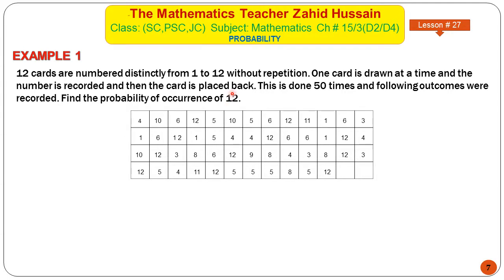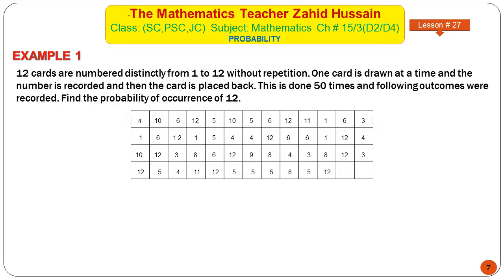So what will be the relative frequency of 12? You note the number of times 12 is picked: 1, 2, 3, 4, 5, 6, 7, 8, 9, 10 and 11. There are 11 times 12 occurs in this experiment when a card is picked 50 times.